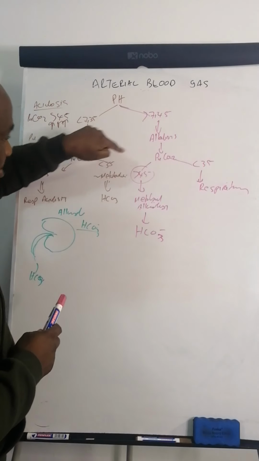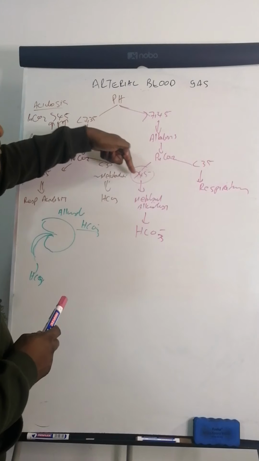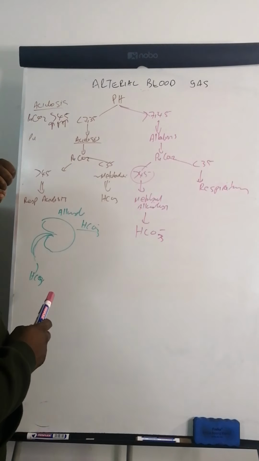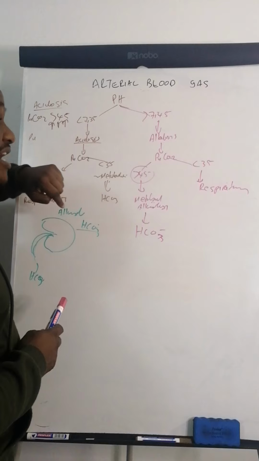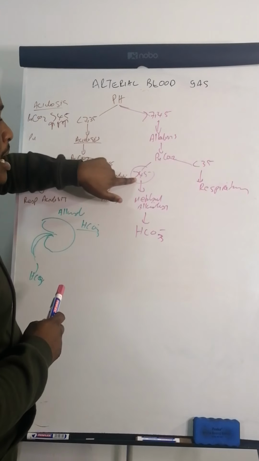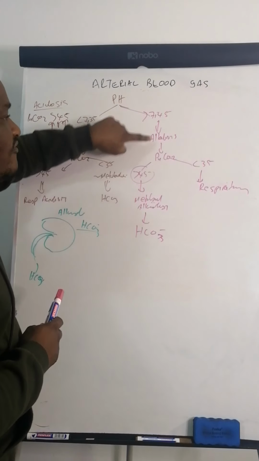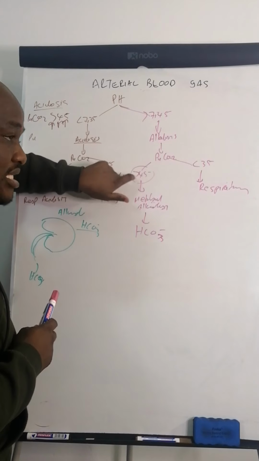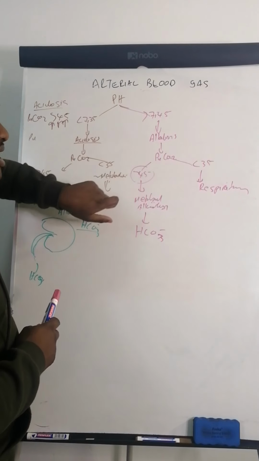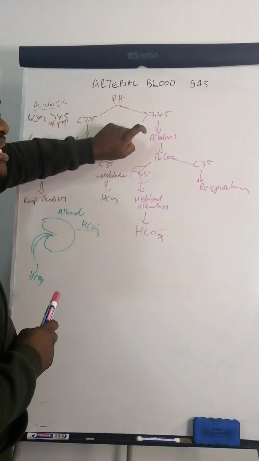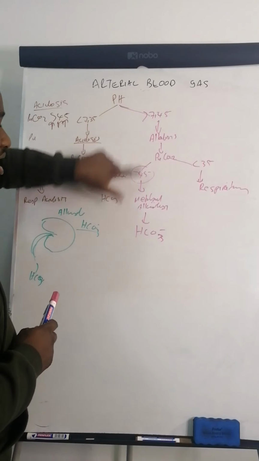Now, for this particular patient, the partial pressure is more than 45. And we know that a partial pressure that is more than 45 should give us acidosis. But we don't have acidosis in this patient, we've got alkalosis. So this must be the compensatory mechanism. But the primary insult is metabolic alkalosis.